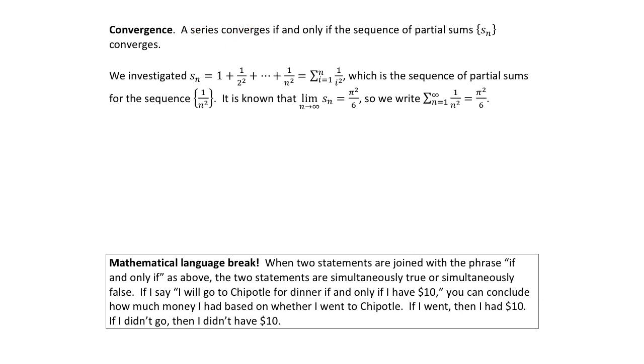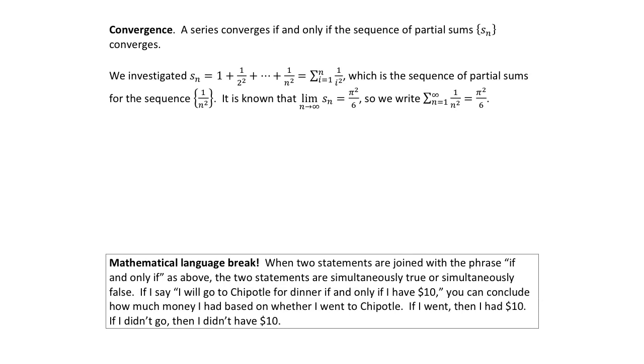Okay, so in the sequence video, if you watched that, we investigated this sum: 1 plus 1 over 2 squared plus 1 over 3 squared plus 1 over n squared, which we wrote in this notation. This is the sequence of partial sums for the sequence of reciprocals of squares.